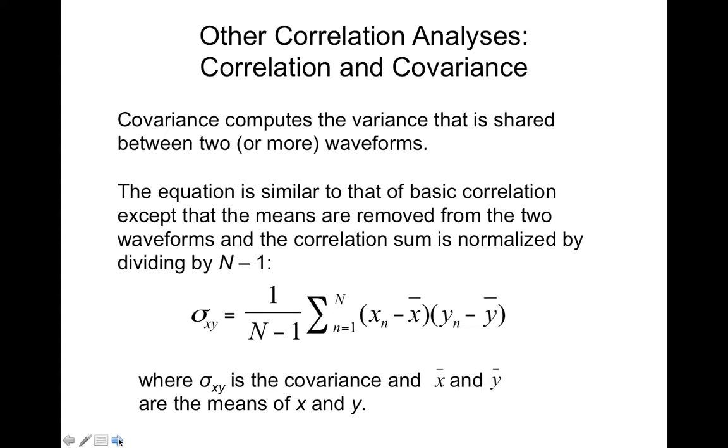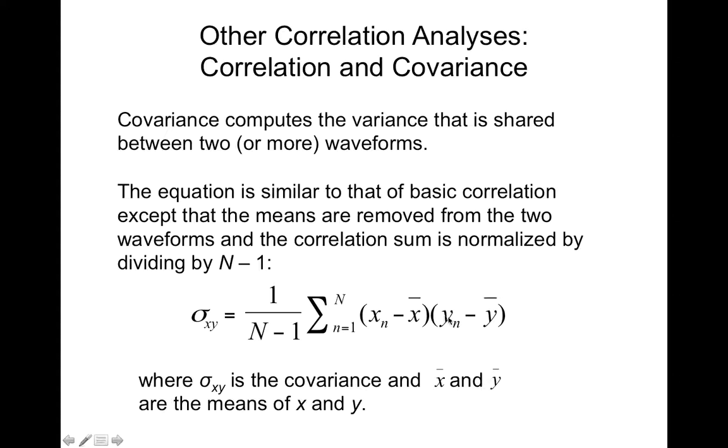So there are other correlation analyses, correlation and covariance. Covariance computes the variance that's shared by two or more waveforms. The only difference is, it's just like the correlation, except in this case, you're subtracting out the mean. So you have your x value, and you've subtracted the mean of x.